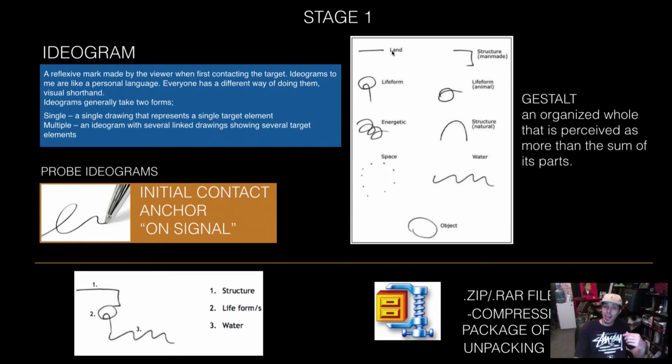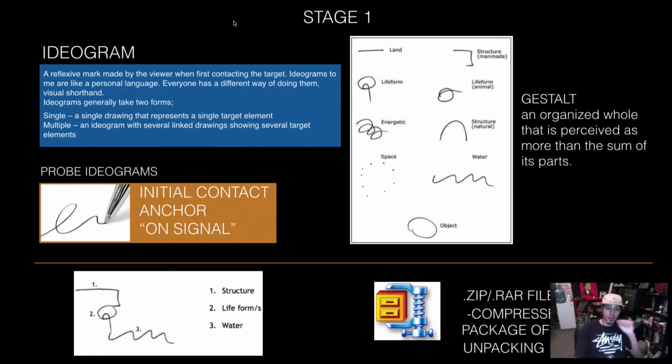A flat line would mean land. A right angle ideogram would mean a structure. An ideogram like this would mean a life form, and a squiggly line would mean water. This is a way for your subconscious mind to give you that first bit of information about the target.